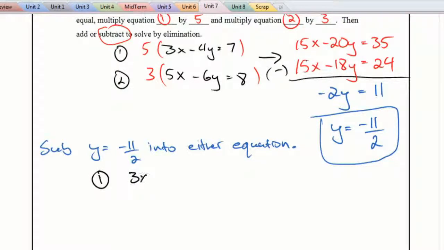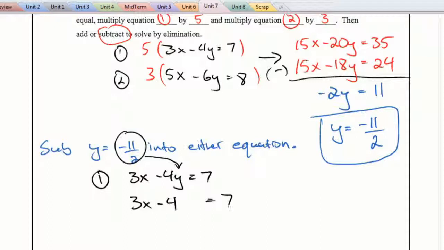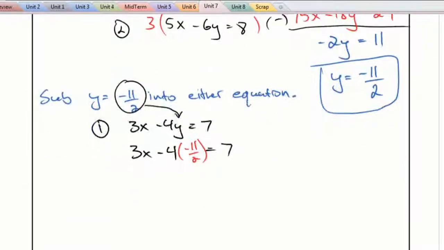So we have 3x minus 4y is 7. And I'm going to substitute negative 11 over 2 in for y. So I'm going to get 3x minus 4, and I'm going to put in negative 11 divided by 2 in for the y. Now the only variable I have left is x. So I'm going to solve for x.